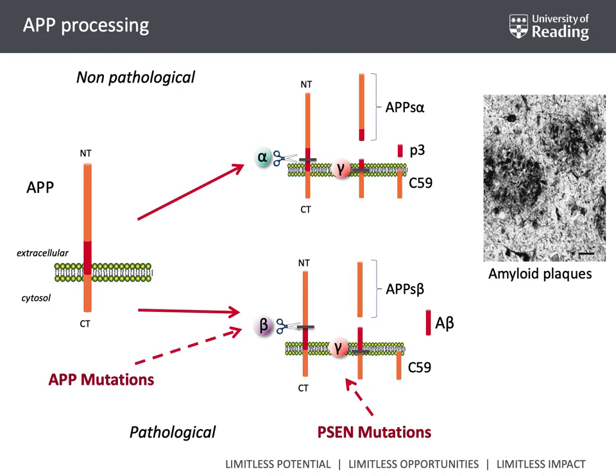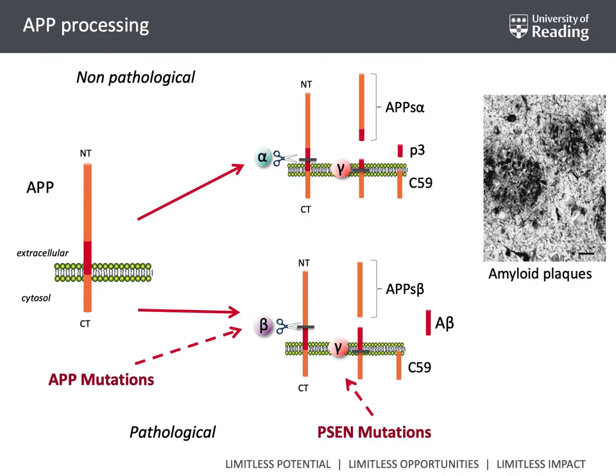In terms of what happens in the pathology, it's a different sequence of events. Where the alpha secretase chops first in the non-pathological pathway, here the beta secretase, or BACE, comes in first. That's then followed by the gamma.